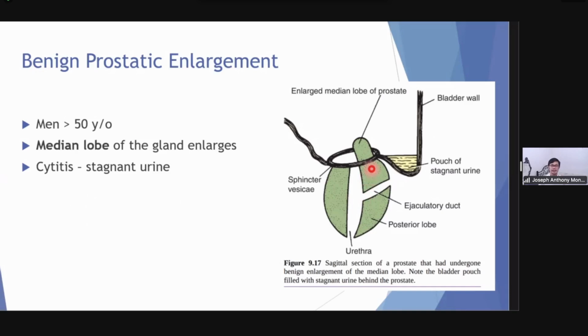Just take note that if the urine leaks into the prostatic urethra, it causes an intense reflex to micturate. So this explains the importance of having your prostate divided into lobes. The median lobe hinders the complete voiding of the urine if it is enlarged. Okay?